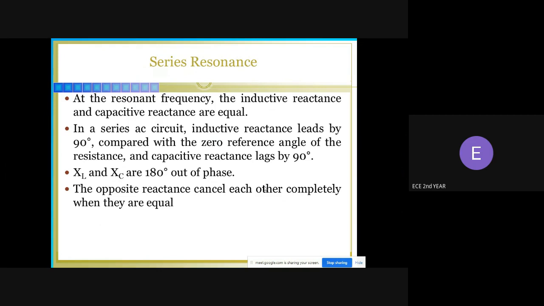At the resonance frequency, the inductive reactance and capacitive reactance are equal. We already discussed that XL is equal to XC at resonance frequency.